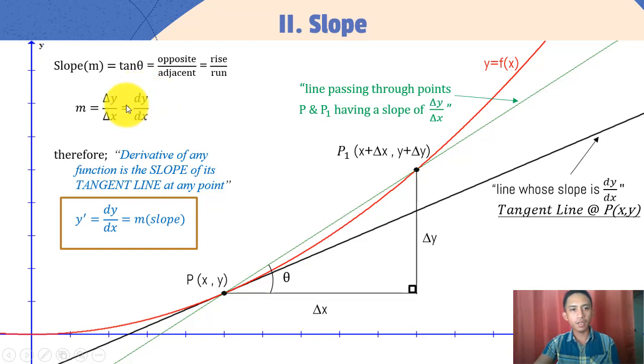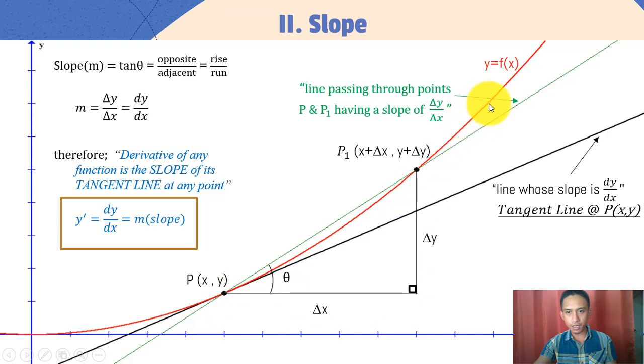Why? Because this is the same ratio as this. However, we just consider a small change. If we just consider a small change in this delta y over delta x, that is your derivative. Okay?